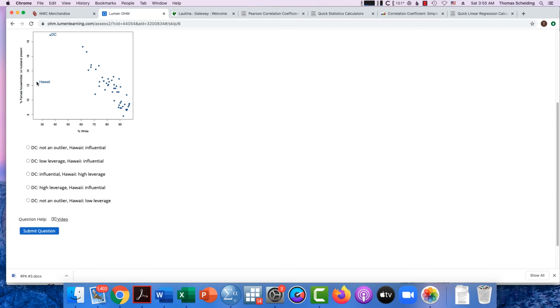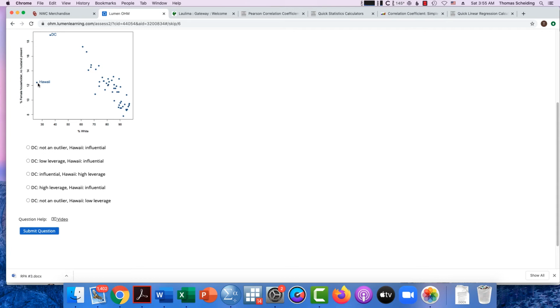Just the nature of what we are as a state. And so consequently, if Hawaii was located on the mainland, we might have more white people, and maybe we'd have the same number of female households.